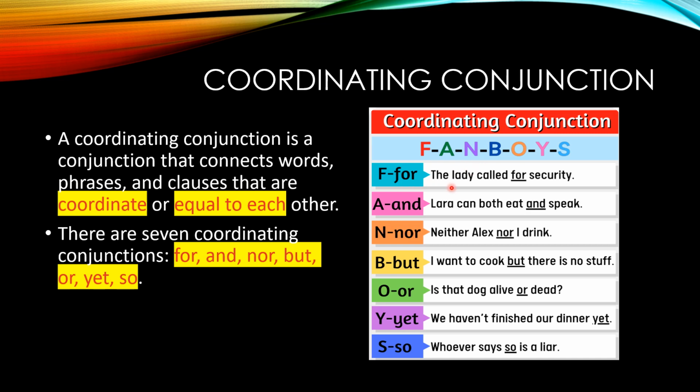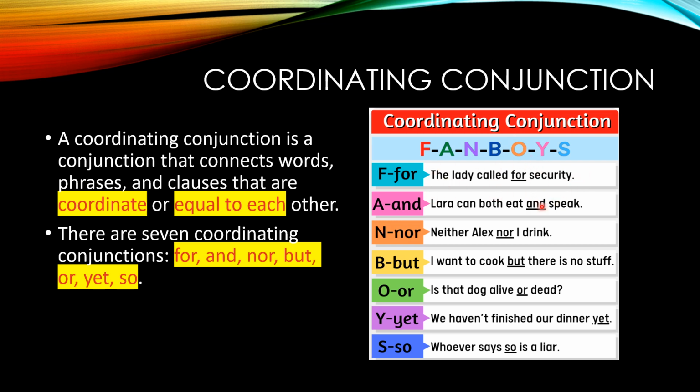Like for F, you can see, the lady called for security. So for is used as a conjunction, which is basically joining two groups of words: security is a word and the lady called is another group of words. So for is joining these two.